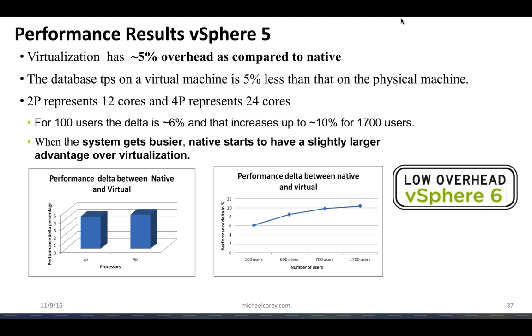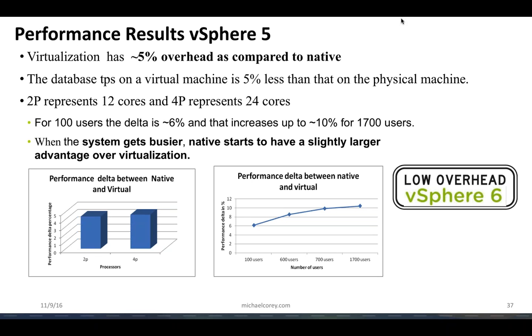So this is an old slide, and we talk about virtualization having less than a 5% overhead as compared to native. And what I used to hear from arguments, and I still do, is that native is leaner and meaner, and I need that for my database, and that's a bunch of crap. Because frankly, if you don't have at least 5% headroom in your systems, you're hosed.